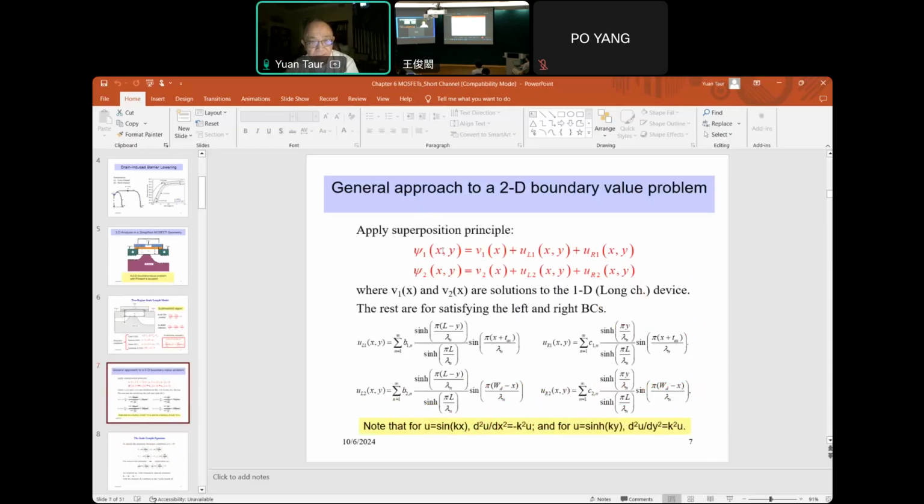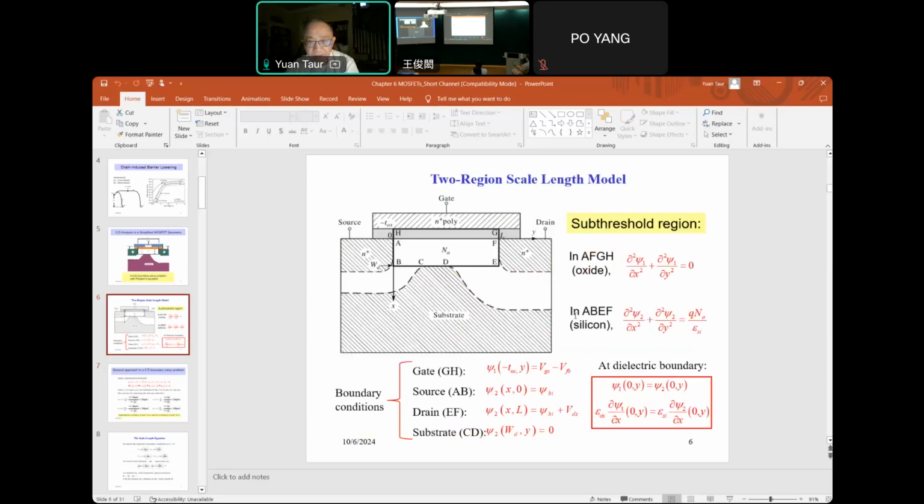In other words, we write psi 1 and psi 2 in different terms so that we can try to satisfy the boundary conditions one at a time. Superposition principle, of course, only applies when the system is linear.